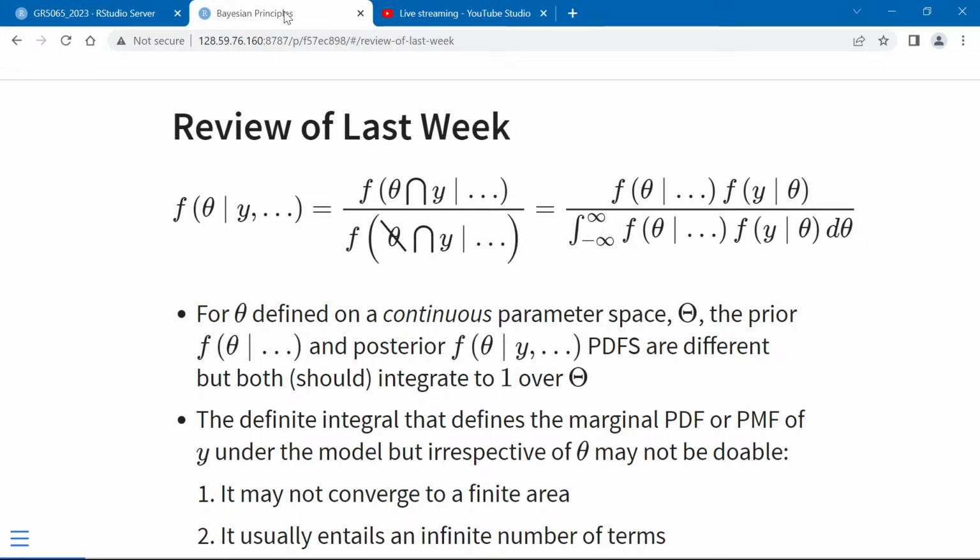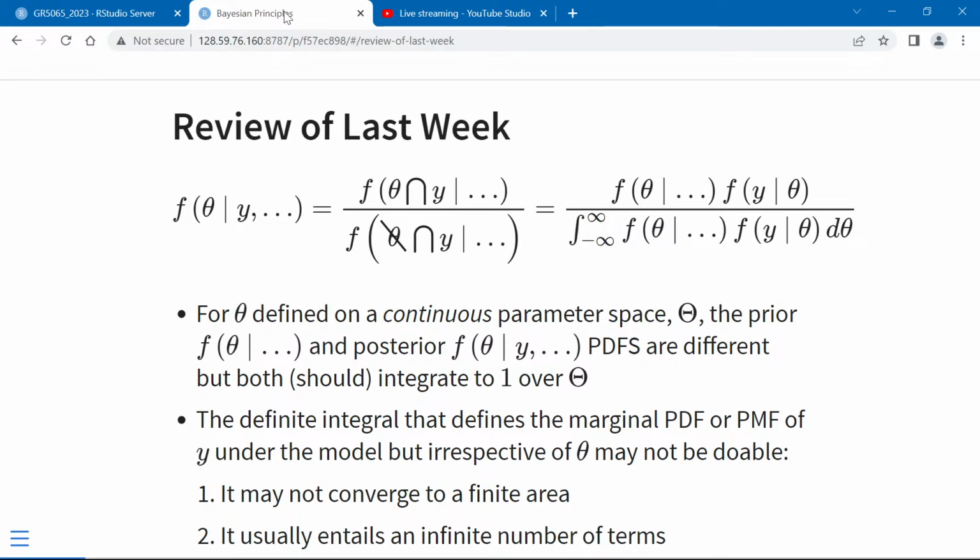And it takes essentially the same form as it does in the case where the parameters are discrete, but the main difference being in order to obtain the denominator of Bayes' rule, you have to do an integration over the parameters rather than a summation over the parameters if the parameters were discrete.